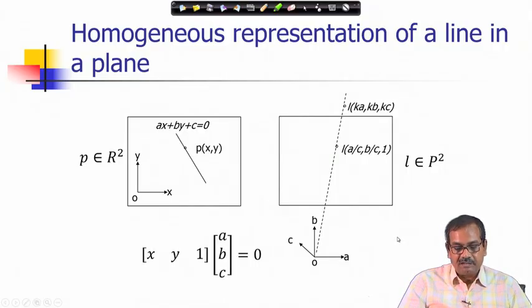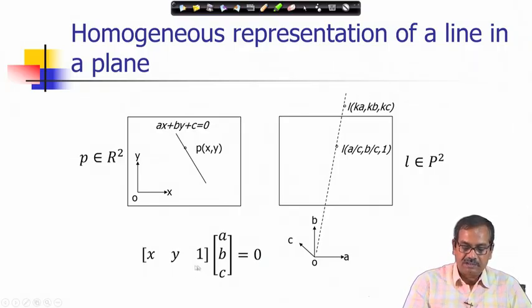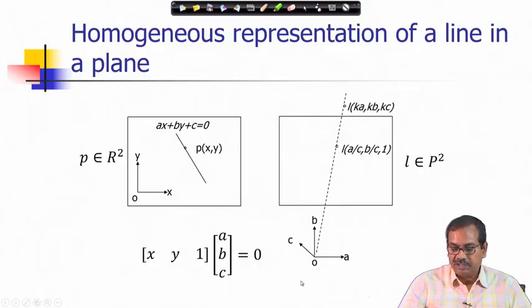The fact is we can denote this relationship of the straight line in this form, which is a dot product of the two vectors, or we can say it is a matrix multiplication, where this is represented as the transpose of the column vector of the projective point, and this is the straight line vector.